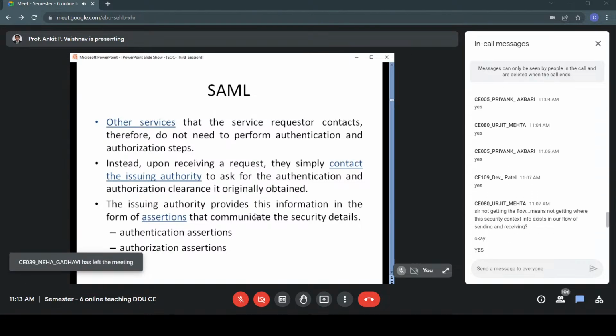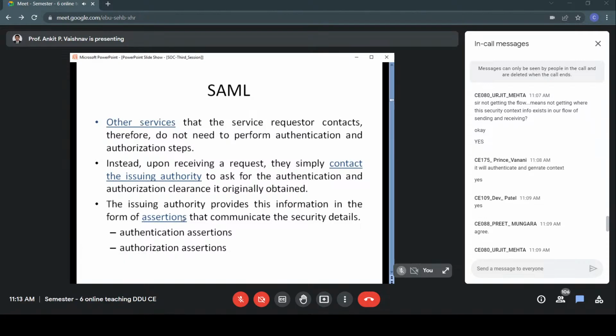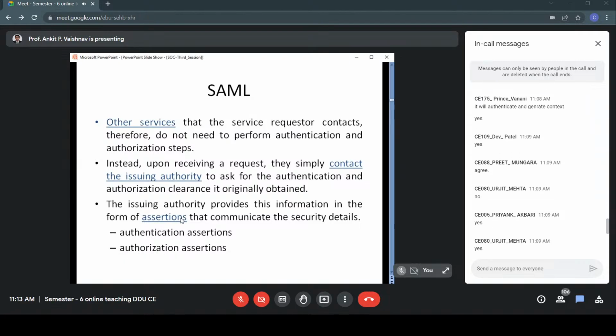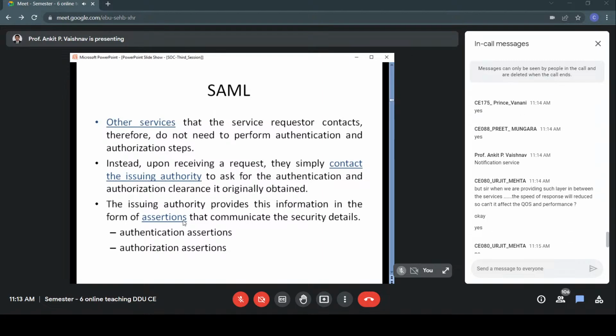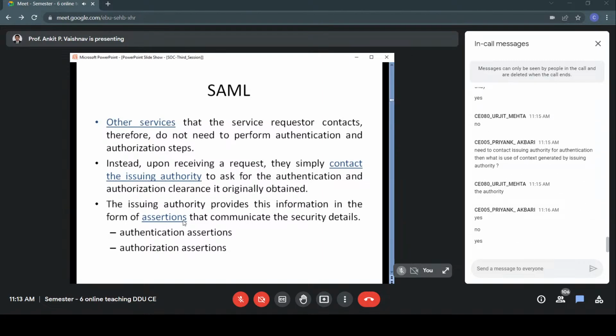The issuing authority provides this information in the form of assertions, right? Assertions are XML contents, or basically you will be writing some XML logic or XML code, and that is actually your security context. Those assertions are embedded as a part of the SOAP message.